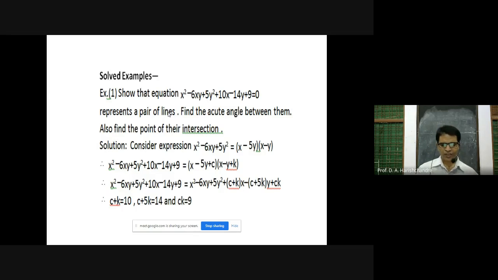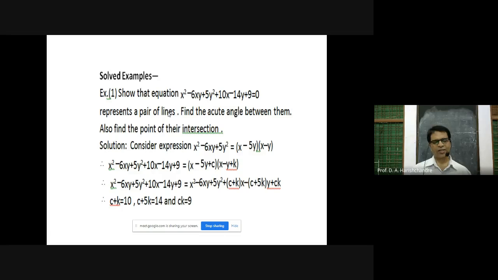Comparing both sides of this equation, ultimately you are getting c plus k is equal to 10, from the coefficient of x on both sides. Again you can compare the coefficients of y on both sides, so that you are getting c plus 5k is equal to 14, and you can compare the constants on both sides, so that you are getting ck is equal to 9. So there are a total of 3 equations in our hand.